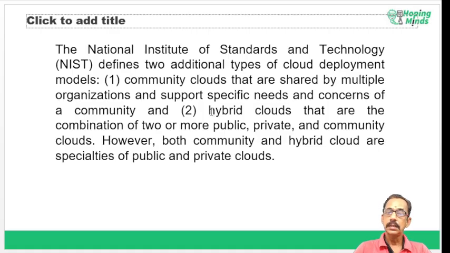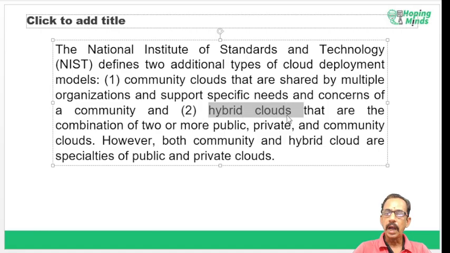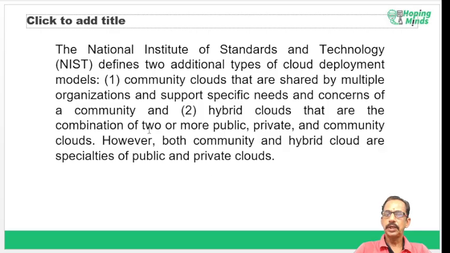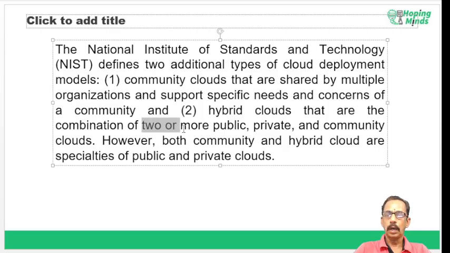The second type is the hybrid cloud, which is a combination of two or more types of cloud. That can be two public clouds, two private clouds, a public and a private cloud, or a community cloud.